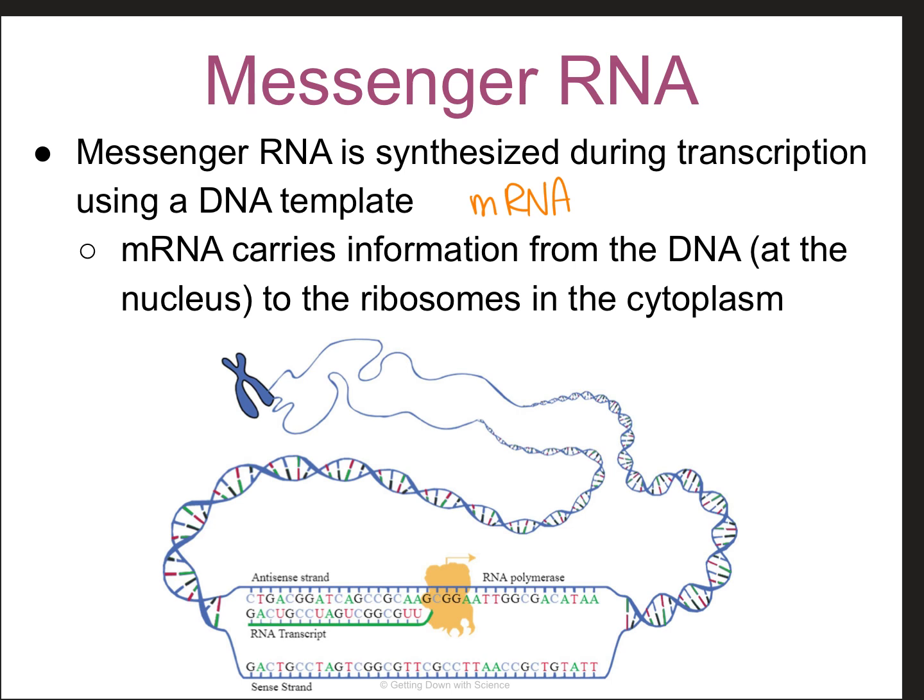So don't forget that the RNA base A pairs with U, not T. And then the mRNA is going to carry this information from the DNA at the nucleus to the ribosome in the cytoplasm. So messenger RNA, it's a messenger. It's taking it from the nucleus and out to the ribosome.